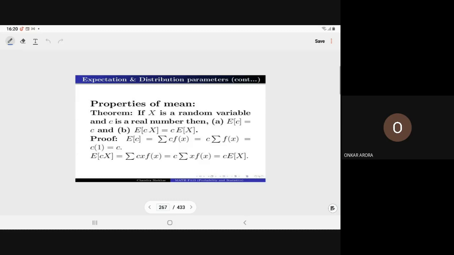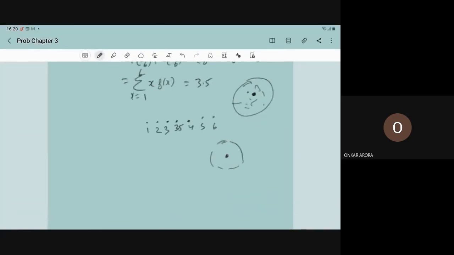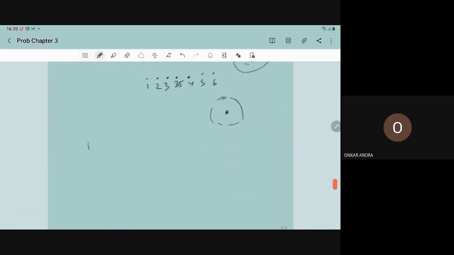Now what are the properties of the mean? We have two important properties. First, if X is a random variable and c is a real number, any arbitrary constant, then E[c] is equal to c. What is the meaning? What is E[c]? By definition, it is the summation over all values of x of c into f(x).